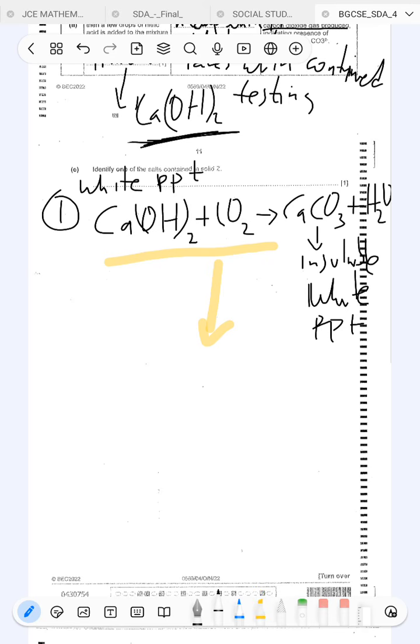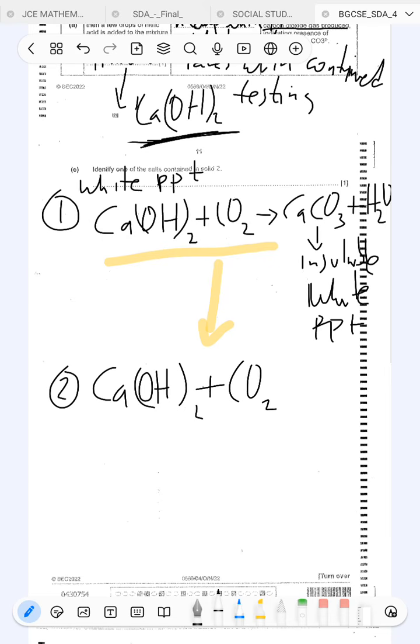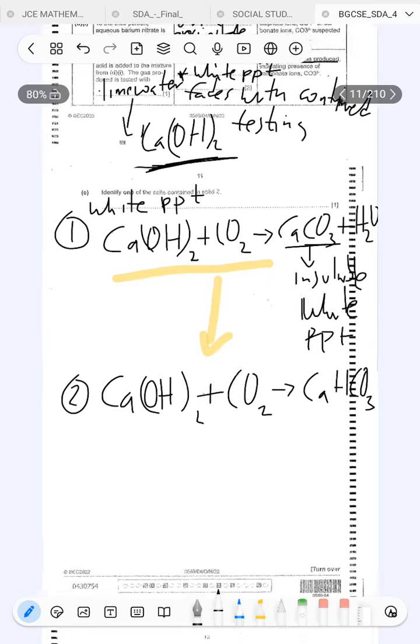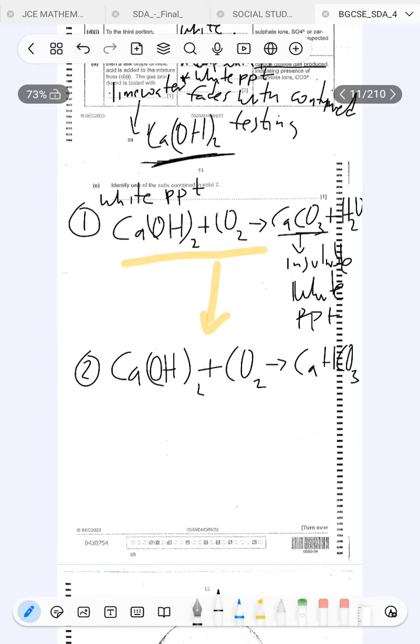So in the second phase of this reaction, the calcium carbonate plus the carbon dioxide with a little bit of water will combine to form calcium hydrogen carbonate. Let me just write this properly.